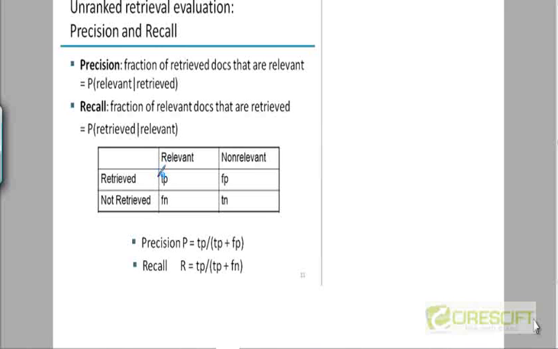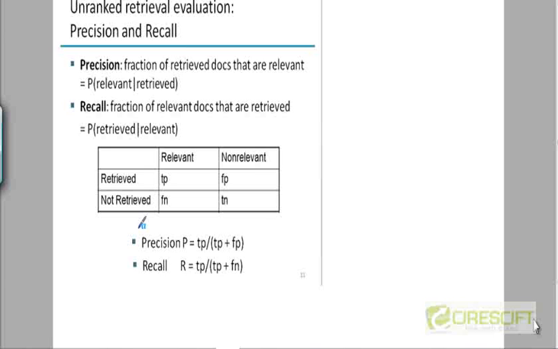So imagine this kind of a table where you have relevant and non-relevant on one side and retrieved or not retrieved on the other side. So consider a particular query. Every document in the corpus could be labeled as relevant or not relevant, and every document could be retrieved or not retrieved for that particular query.